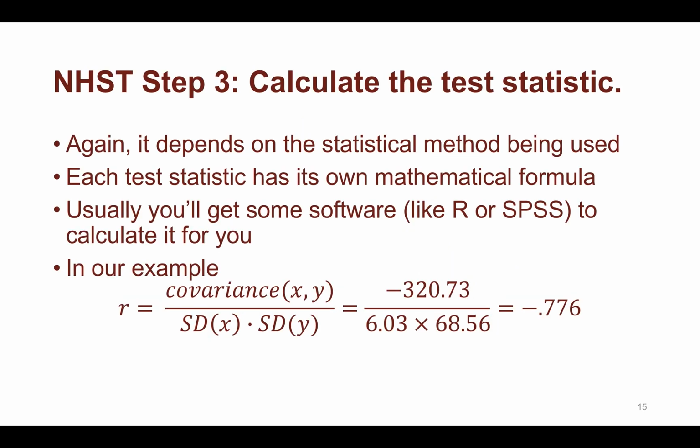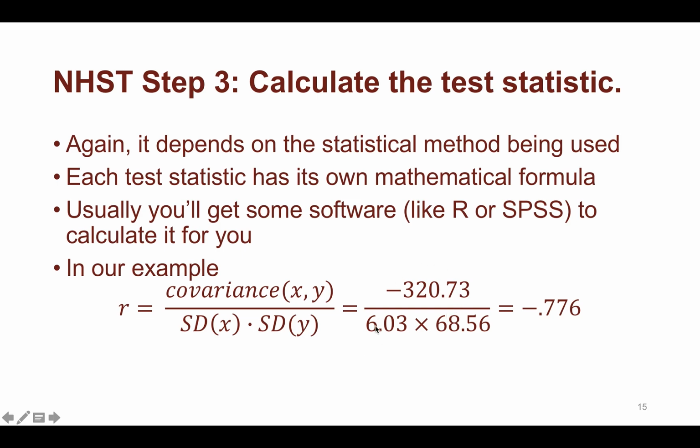All right, so the next step, step 3, is to go ahead and calculate the test statistic. So figuring out the test statistic depends on what statistical method's being used. Usually you'll use software like R or SPSS to find this for you, but you can calculate it by hand. And in our example, the R statistic, basically the correlation coefficient, is the covariance of x and y divided by the product of their standard deviations.